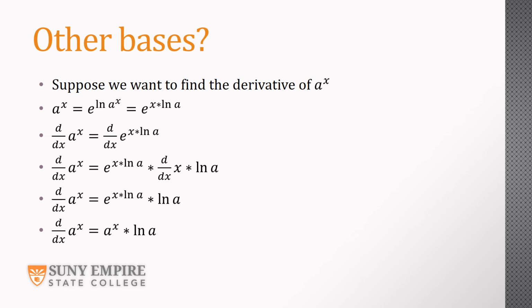However, we recall that e to the power x multiplied by the natural log of a is equivalent to a raised to the power of x. So the derivative with respect to x of a raised to the power x is a to the x multiplied by the natural log of a.